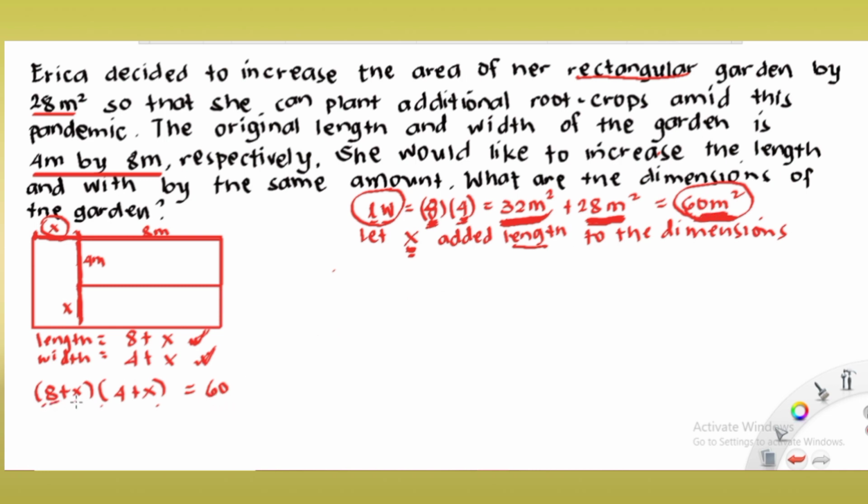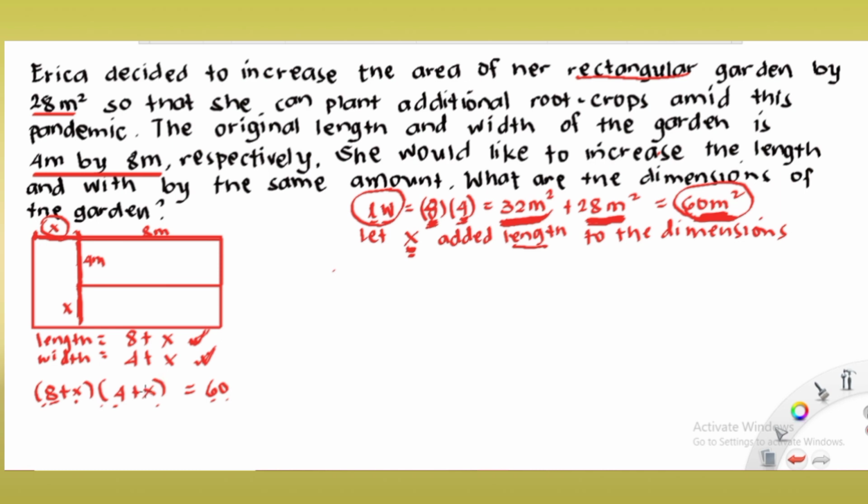So, the new length times the new width is equal to the new area, which is 60. So, from this equation, if you'll notice, wala tayong nakikitang power of 2. So, you might think that this is not a quadratic equation. But actually, this equation can be transformed to quadratic equation.